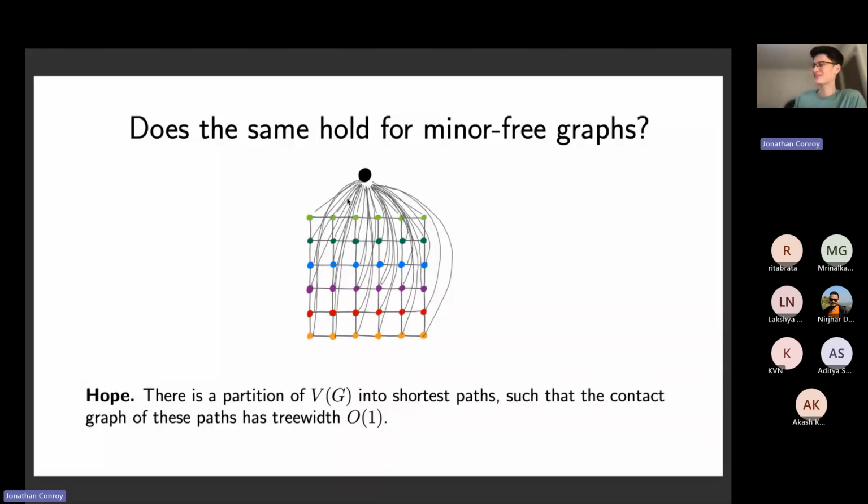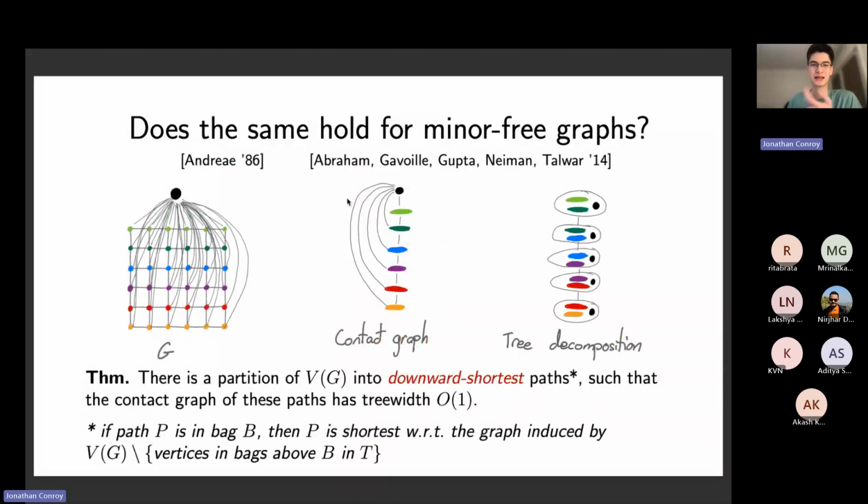But in this case, there also is something natural to do, which is you take the black apex vertex as one path, and then take the rows of the grid as the other paths. This is natural because each of these rows in the grid is still a shortest path if you ignore the black vertex.